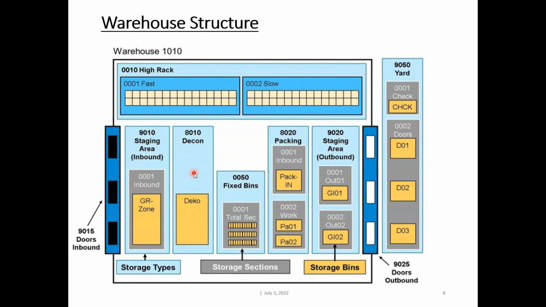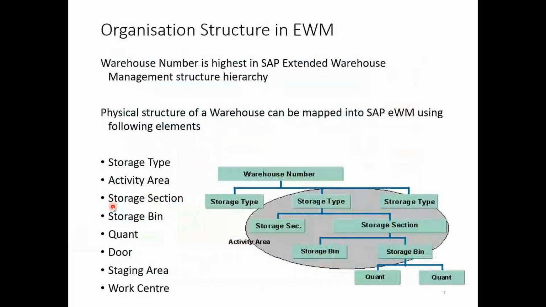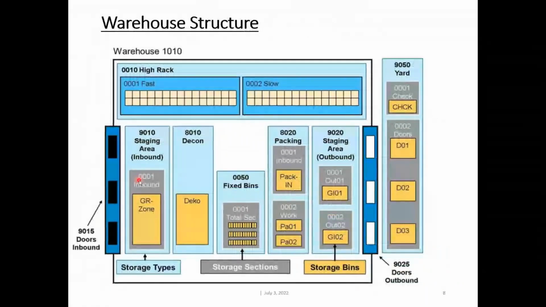Similarly, if you want to pack two different products in one carton, you can move it into the packing workstation. So these are the EWM structures where you will create the storage type, section and bin for the door, a separate storage type for the staging area, a separate storage type for the work center, and so on.